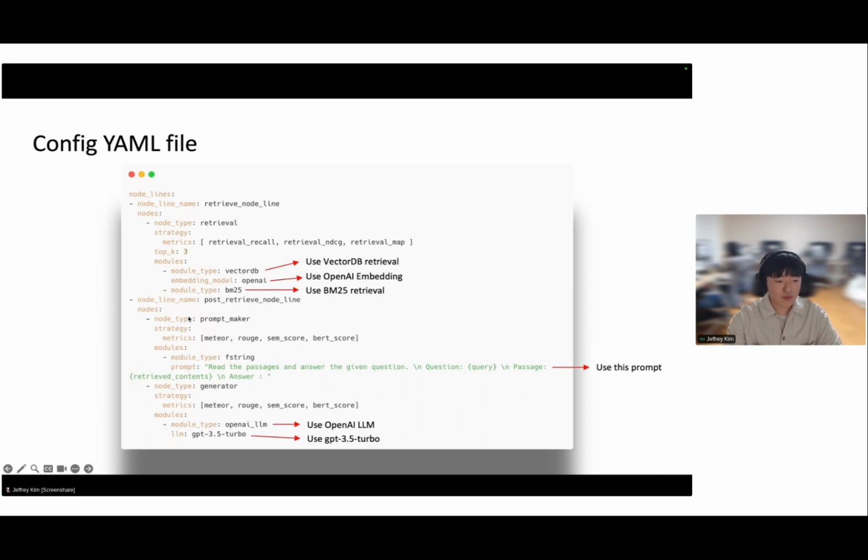And in the prompt maker node, you can set which prompt you want to use. In this example, there is only one prompt, but you can use a list and append more prompts that you want to use. And the last is the generator, where you can use the OpenAI LLM and GPT-3.5 Turbo model, and you can edit these too. You can use various models, various local models in this config YAML file, and do benchmarks automatically.